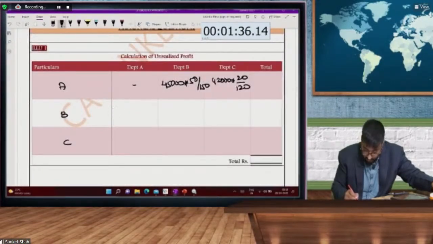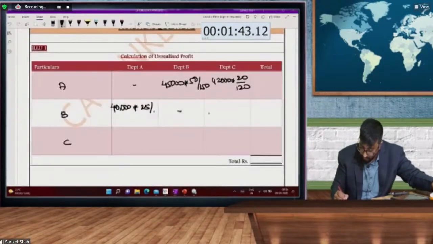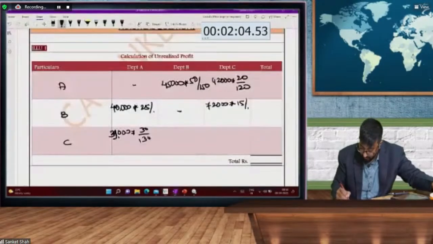Then 40,000 into 25%, and 72,000 into 15%, and the last one is 31,000 into 30 by 130, 39,000, sorry, 39,000 and 42,000 into 40 by 140.